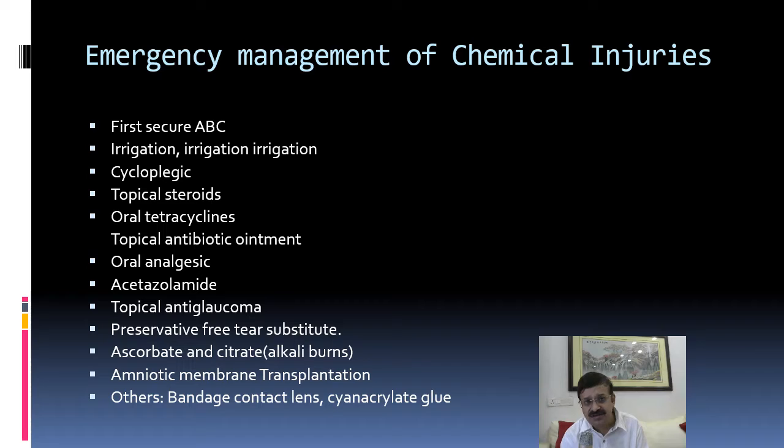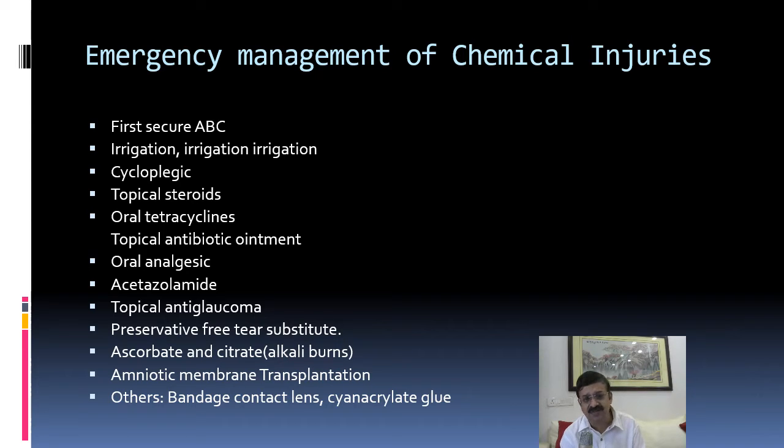So as long as these agents are present in the eye, they will continue to elute alkali and continue to cause damage. So we must get rid of each and every particle that we at least see. And there are small particles which are not seen by the naked eye, and it is for this that a complete copious washing or irrigation is required.